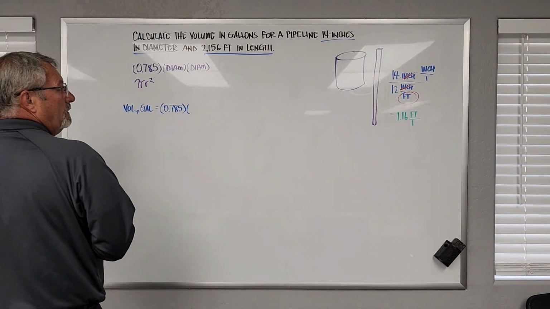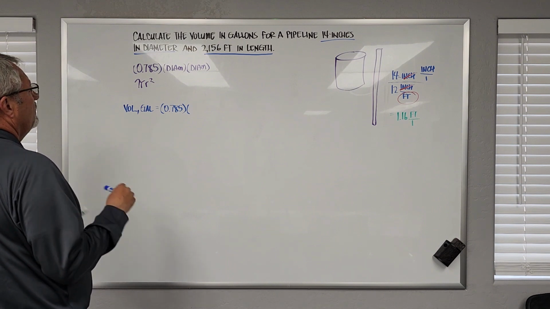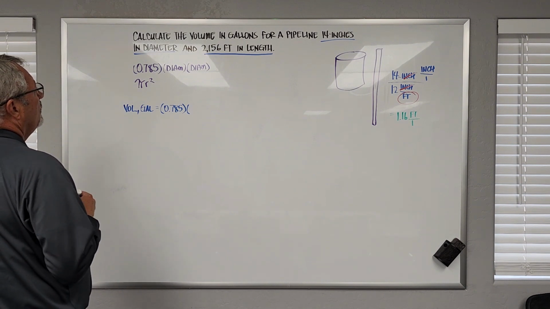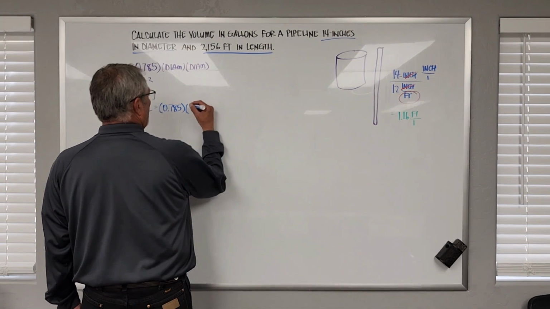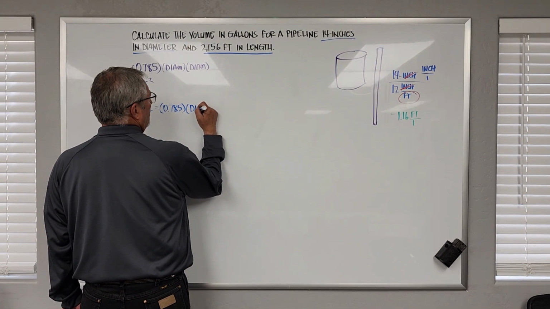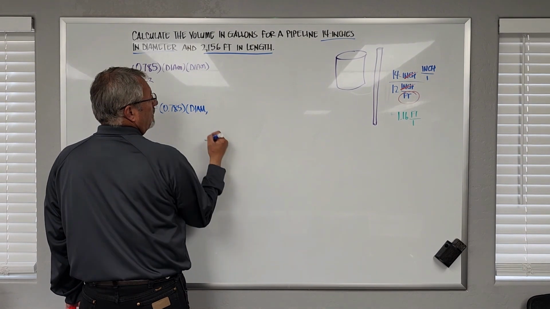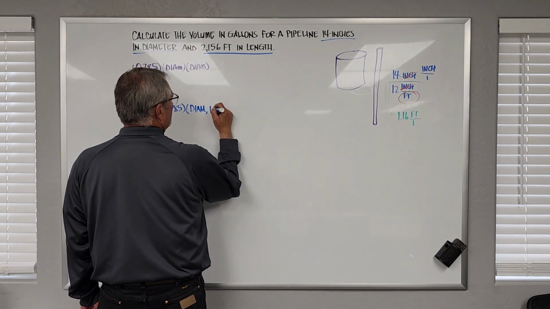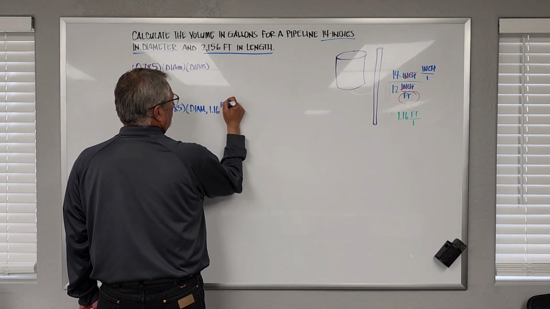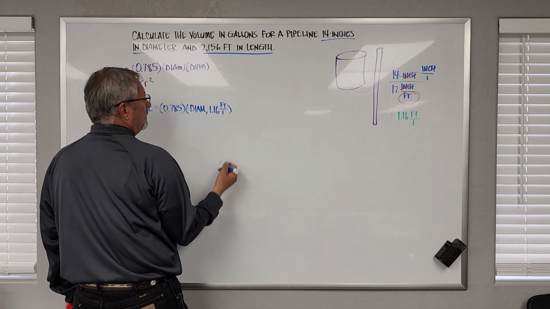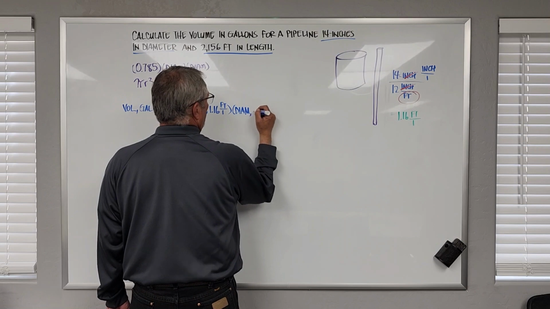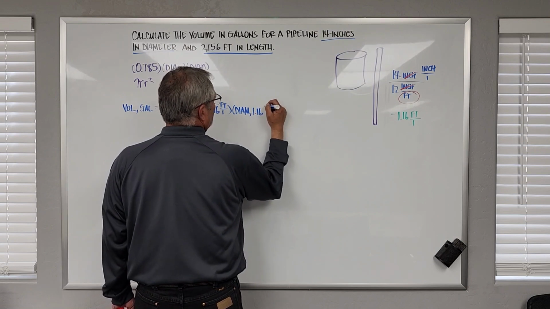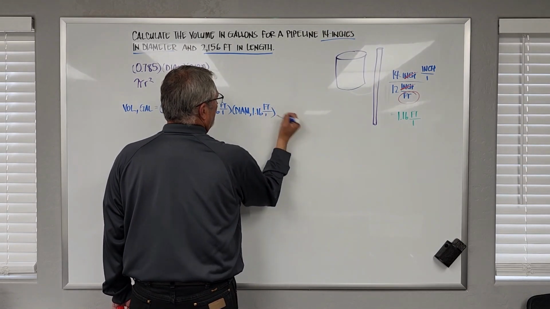Okay? So let's take that. The pipeline is 14 inches in diameter. So I'm going to write diameter times diameter. It is 1.16 feet over 1. I'm going to multiply it by the diameter again, 1.16 feet over 1.